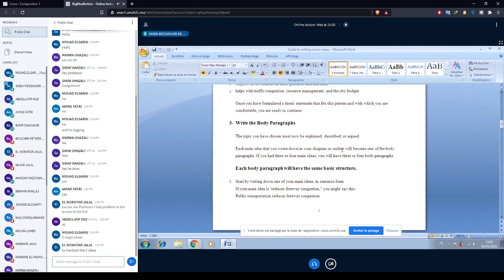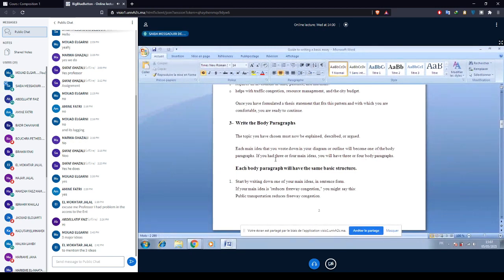Remember, in the center we have the topic, and we have drawn 3 lines. Each line represents one of the major ideas you're going to develop in your essay. So each main idea that you wrote down in your diagram or outline will become one of the body paragraphs.